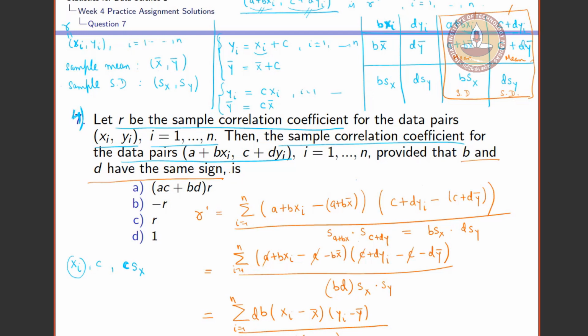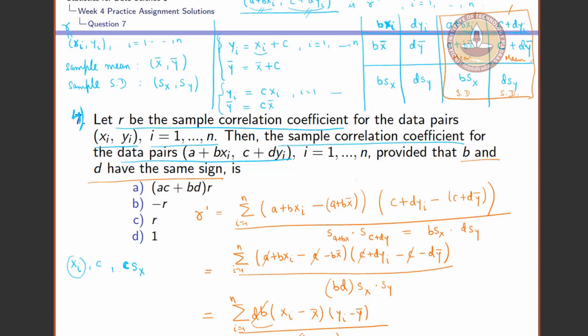Then there was one more condition, that b and d are of the same sign. As you can see, in the numerator we have the term bd, and even in the denominator we have the term bd. So these two terms will get cancelled out.